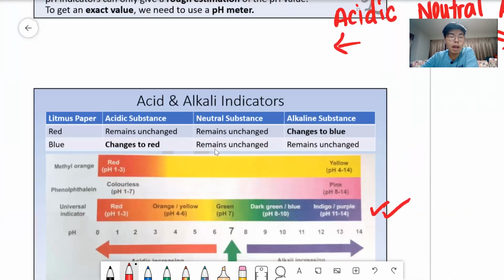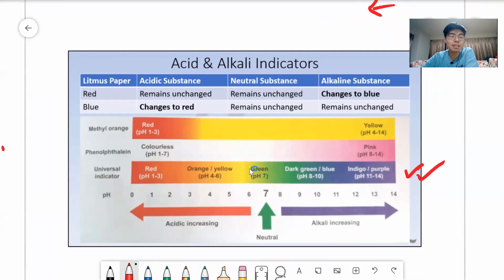All right, so let us look at a few acid and alkali indicators. The table above shows the litmus paper first. A red litmus paper and a blue litmus paper. If you can see, red litmus paper, as we know, changes to blue when there is an alkaline substance. And the blue litmus paper changes into red when there is an acidic substance.